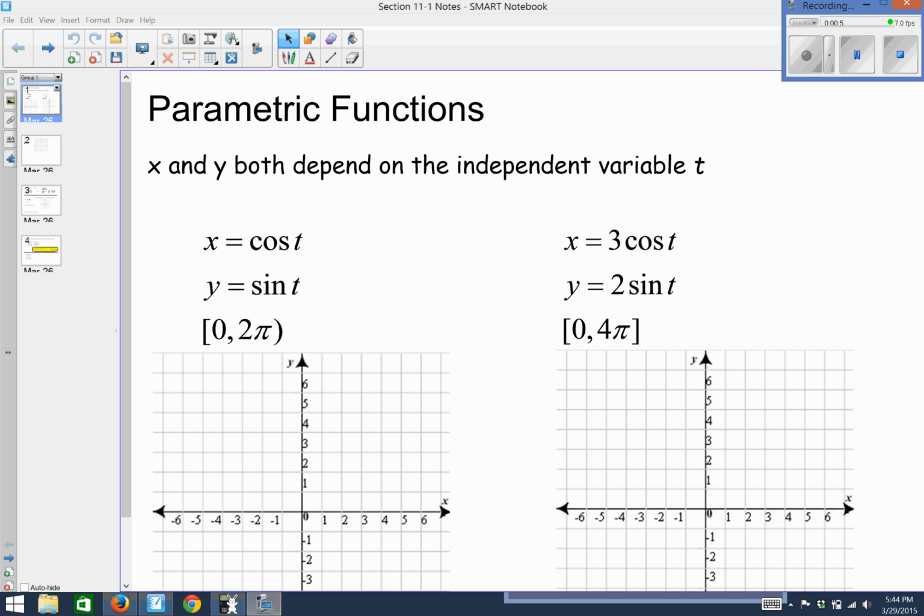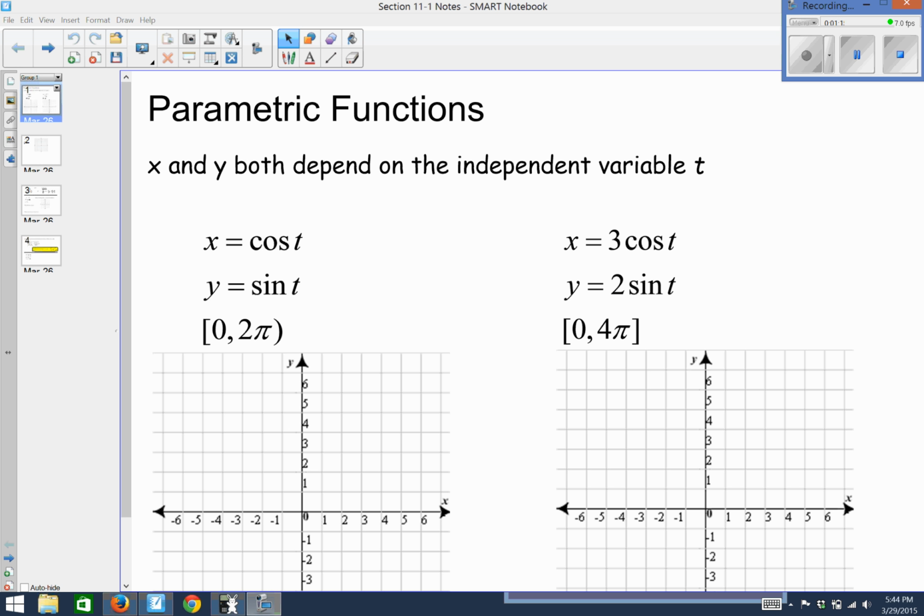With vectors, it's actually just parametrics written in a vector form. With polar, we think of x and y as being defined with respect to theta rather than with respect to t. But remember that the idea of parametric functions is that x and y are both dependent variables, and our independent variable is t.